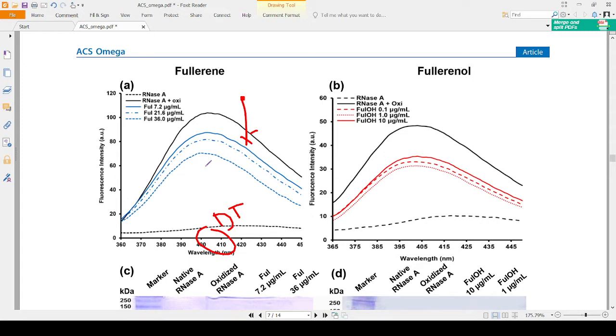On the other hand, for fullerenol, at lower concentration, that is 0.1 to 1, it decreases the fluorescence emission, but 10 micrograms per liter actually again increases. So there is a mixed property for fullerenol, but for fullerene it shows a concentration dependent decrease in dityrosine formation.